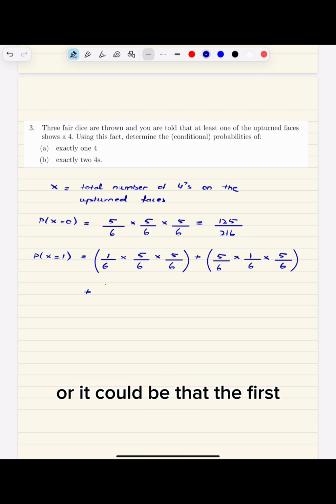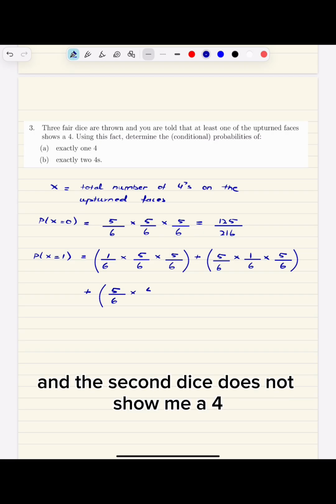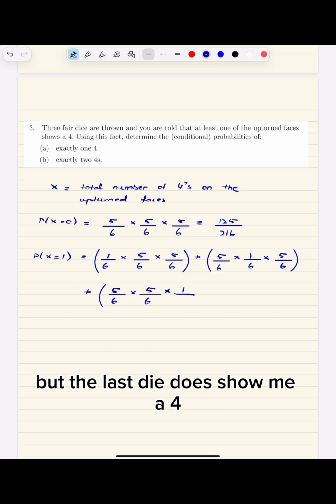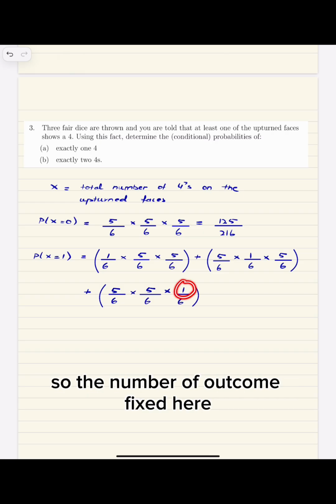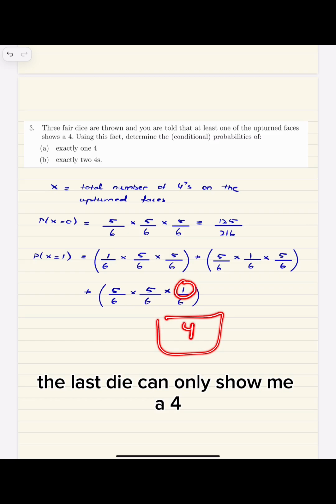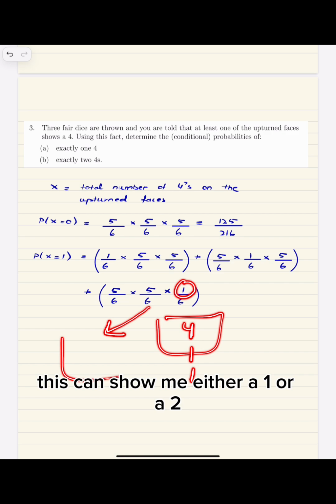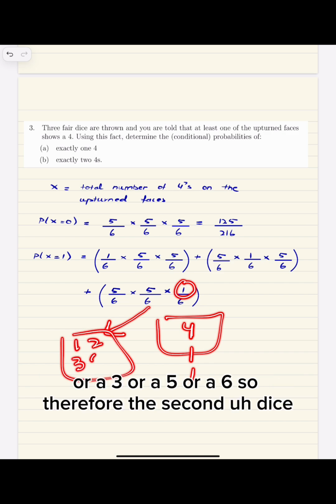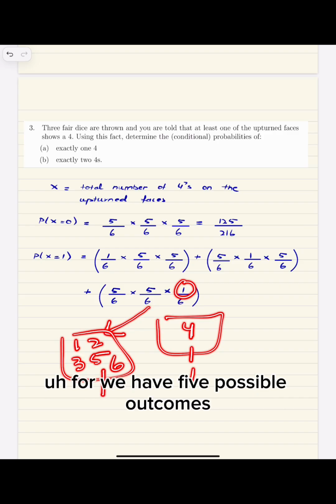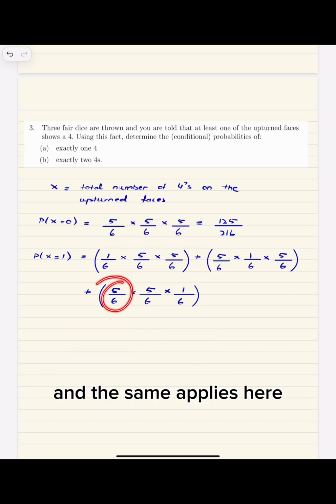Or it could be that the first die doesn't show me a 4, and the second die does not show me a 4, but the last die does show me a 4. So the number of outcomes is fixed here, the last die can only show me a 4, so the number of outcomes is 1. This can show me either a 1 or a 2 or a 3 or a 5 or a 6. So therefore the second die, we have 5 possible outcomes, and the same applies here.